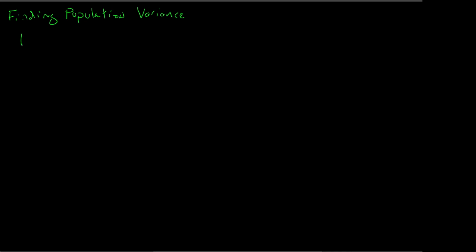So the first thing that you will need is to find the mean of the data. And again, we'll write that the mean in symbols is the sum of every piece of data divided by the number of things.